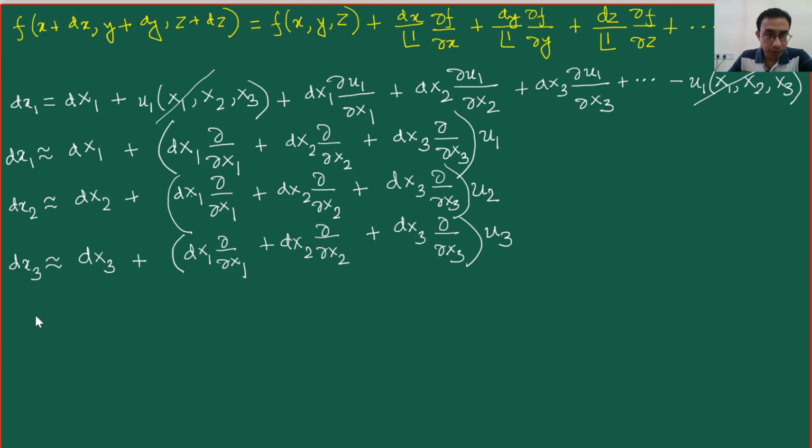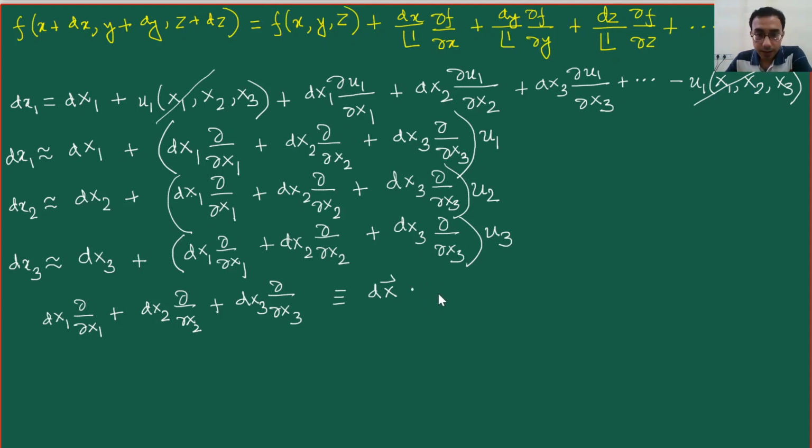So this operator, dx1, so this thing is like the dot product between the dx vector and the gradient operator.